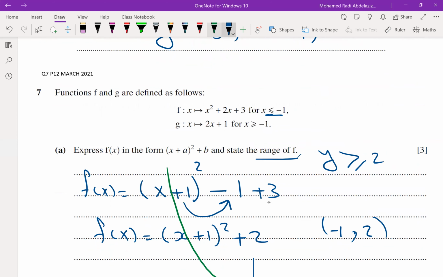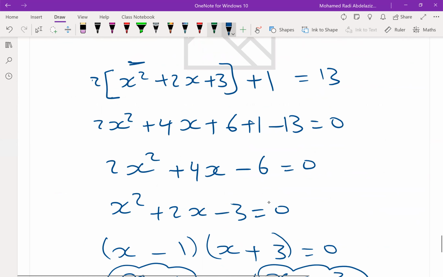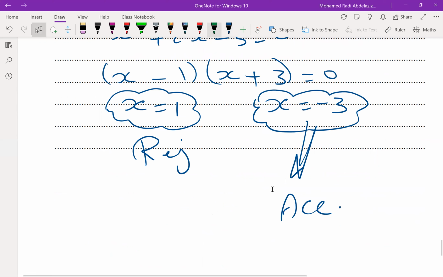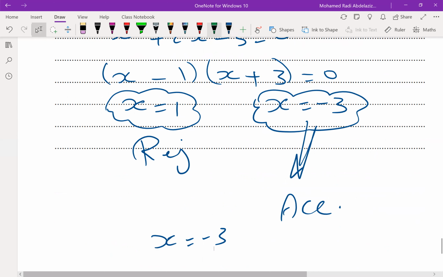The values of x have to be less than or equal to -1. So this is why this value is rejected. It's out of the domain of f, and only x is equal to -3 is included. So the final answer has to be only -3, because 1 does not belong to the domain of the function f of x. That's it.